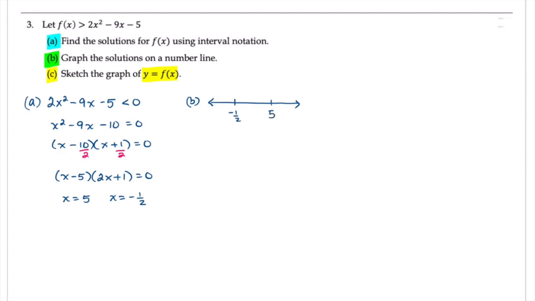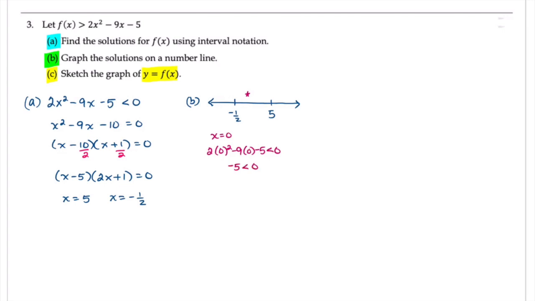I am going to pick a number right here to the right of -1/2. Let's pick a nice easy number, x equals 0, and test that value into our function to see if it comes out true.